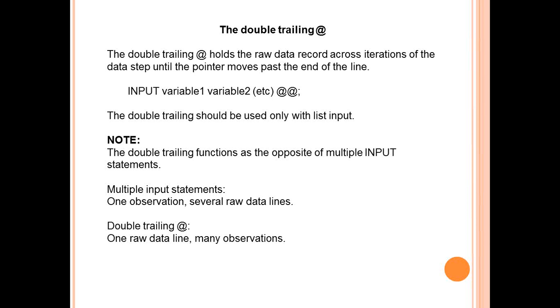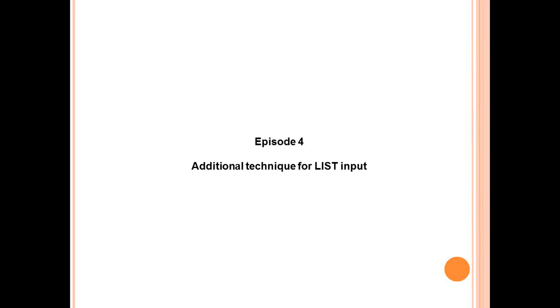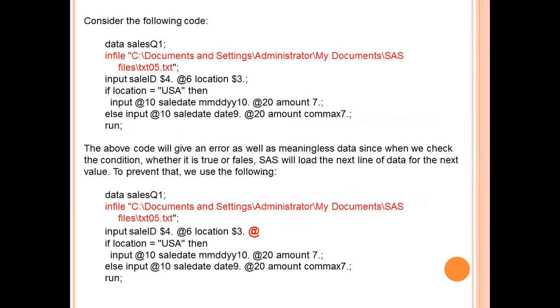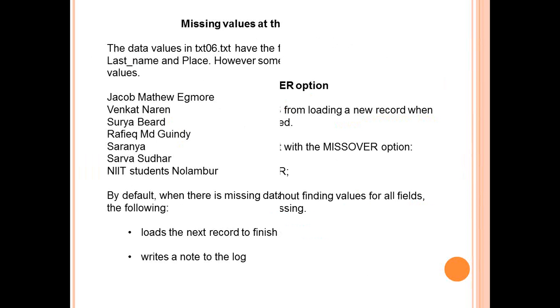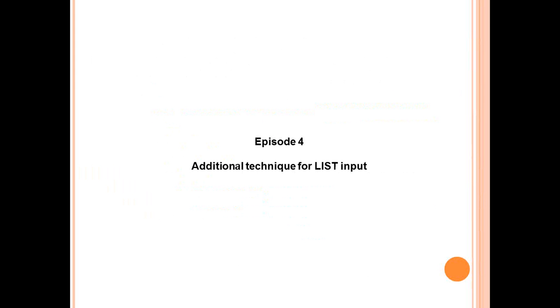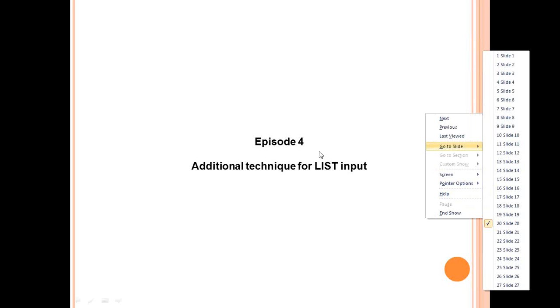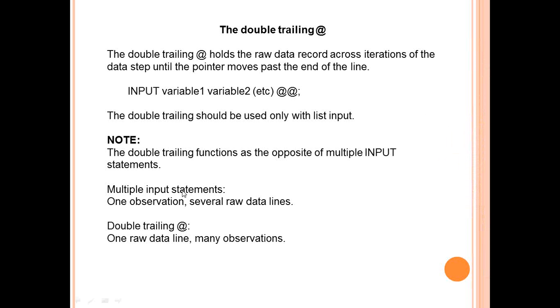An additional technique for list input is the double trailing at. We just saw the single trailing here, and now we are going to see what the double trailing does for us. Double trailing holds the raw data record across iterations of the data step until the pointer moves past the end of the line.